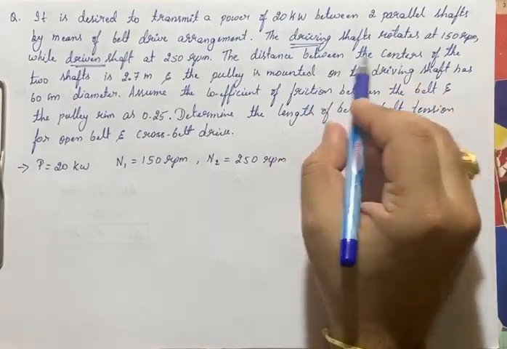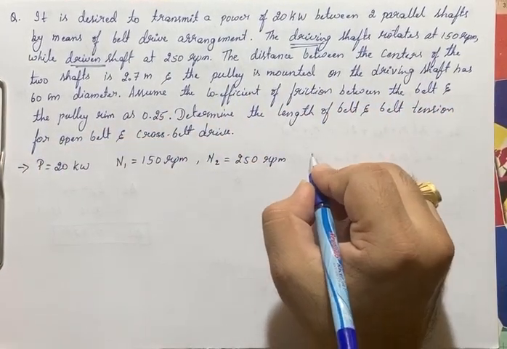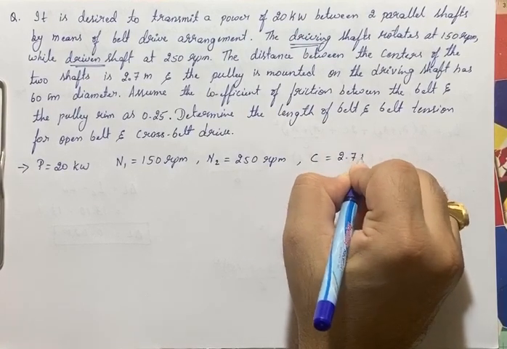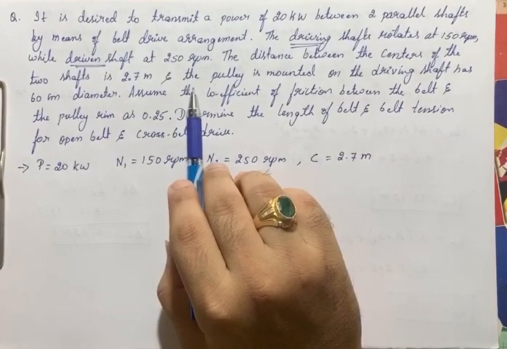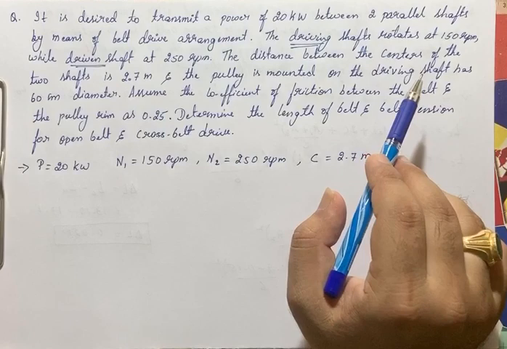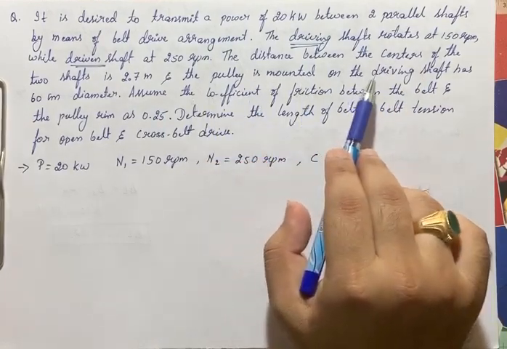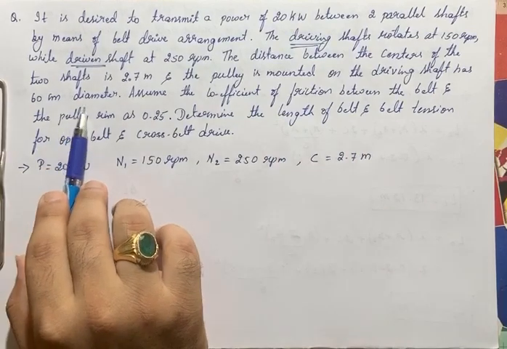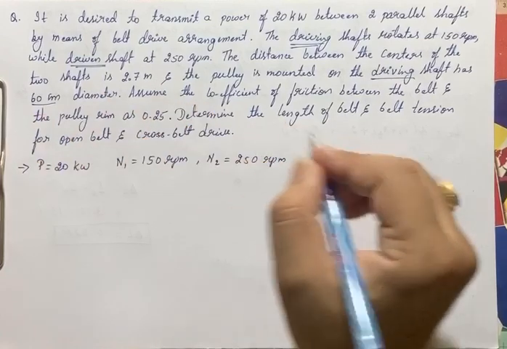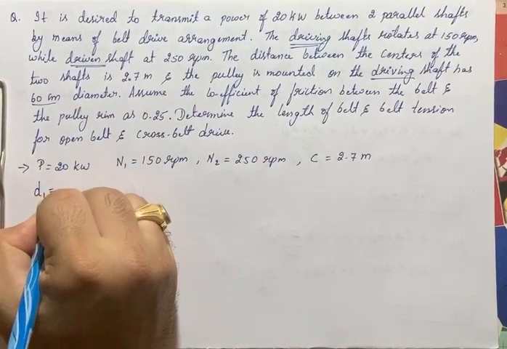Next, the distance between the centers of the two shafts is 2.7 meter. That is, C here is 2.7 meter, and the pulley mounted on the driving shaft is given as 60 centimeter. So it is D1.